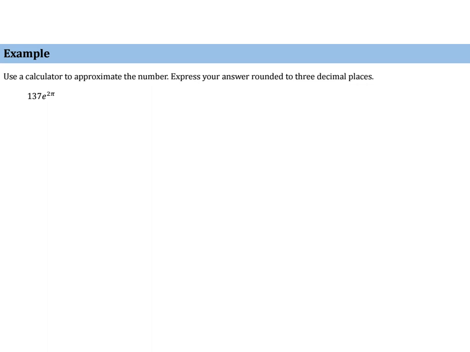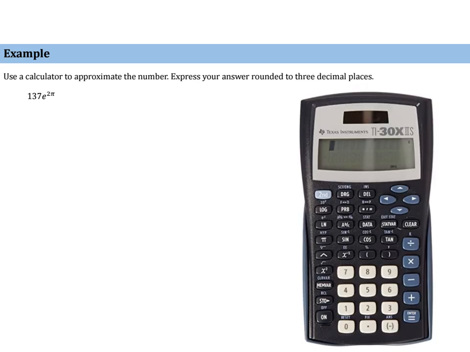So where do we find the e button on our calculator? On most scientific calculators, the place to find our e button is near, or related to, a button called ln. If you'll notice, right above the ln, we see this e to the x. To access that, we will type second e.